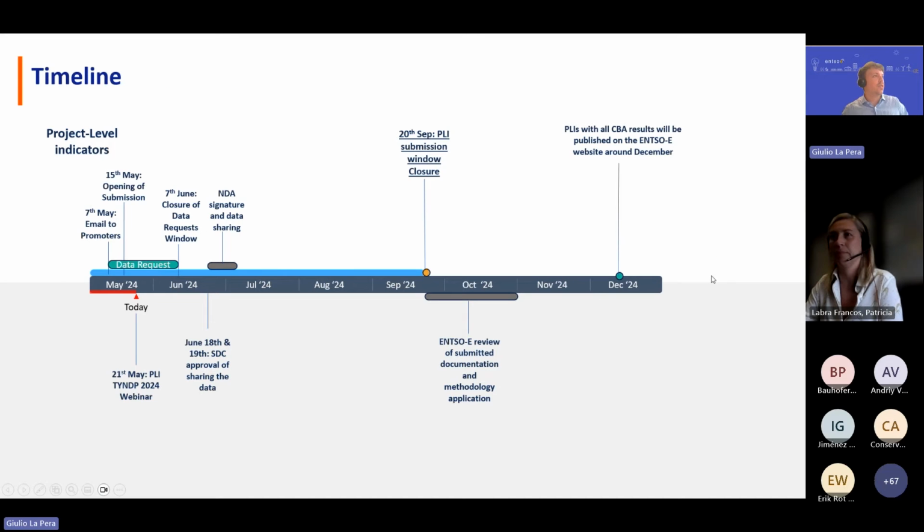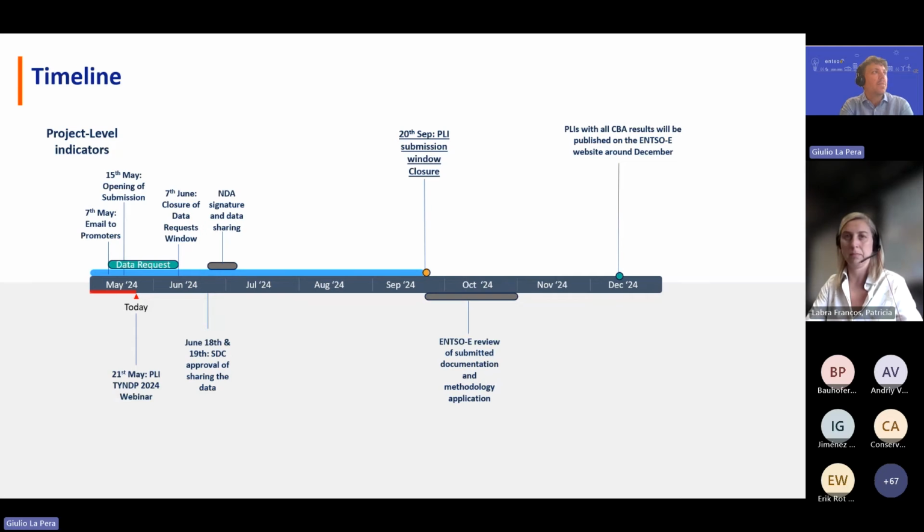You should have received an email on May 7th describing the whole process to submit the project level indicators. The submission window started on May 15th and will run until September 20th. In the first month, from May 7th to June 7th, there is another time window to submit a data request.